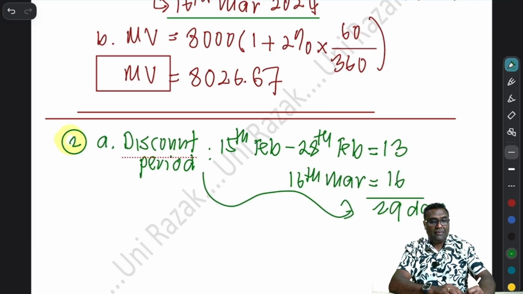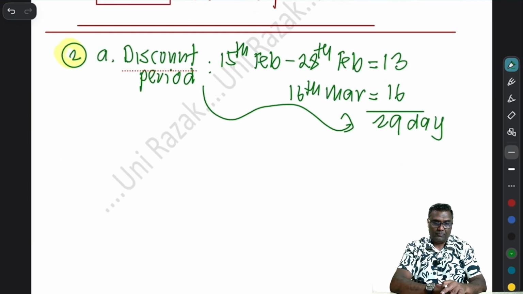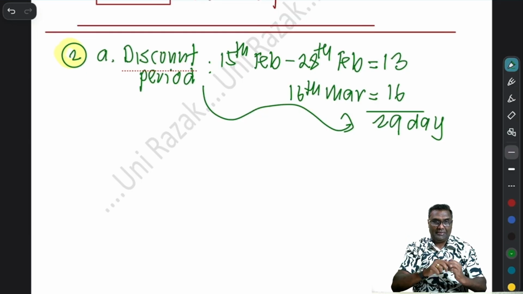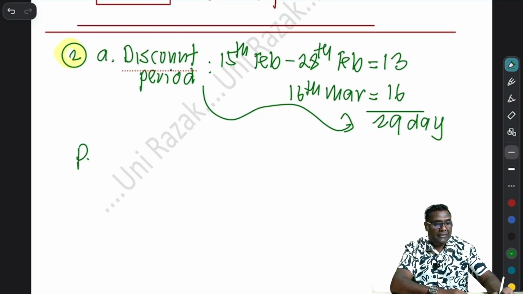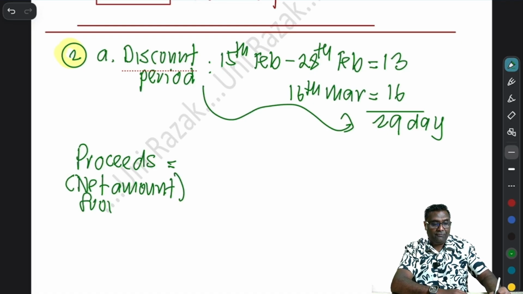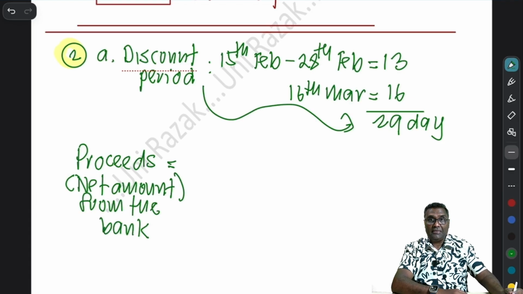This is the discount period. So the bank will charge interest for 29 days. What will be the proceeds that is going to be given to Shrek? That means the net amount that Shrek is going to get from the bank after charging the interest.